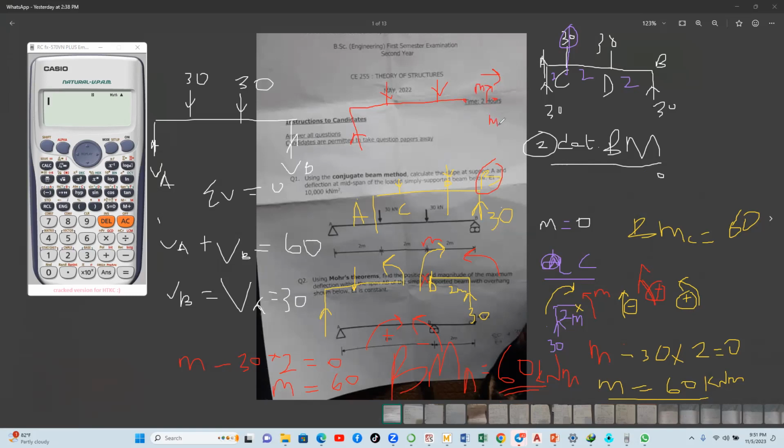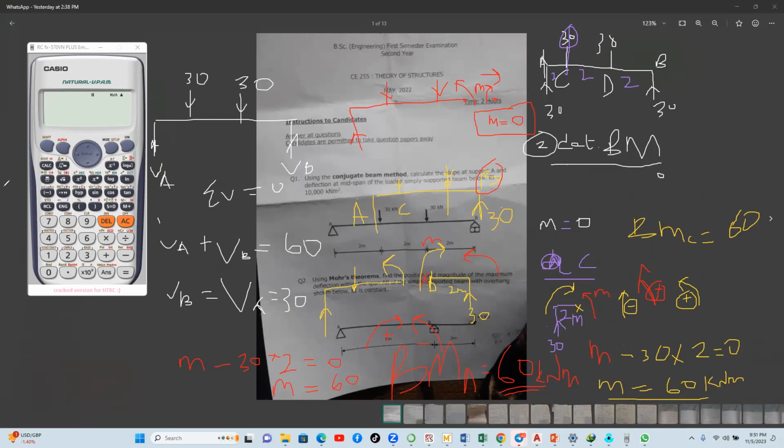My M here will amount to 0. And when you take it this side, you would have to do some calculations, but everything will end up in 0. So it's better you choose the side that will help you best, and that will improve your accuracy levels. Okay, so my M is equal to 0, or my bending moment at B will be 0.